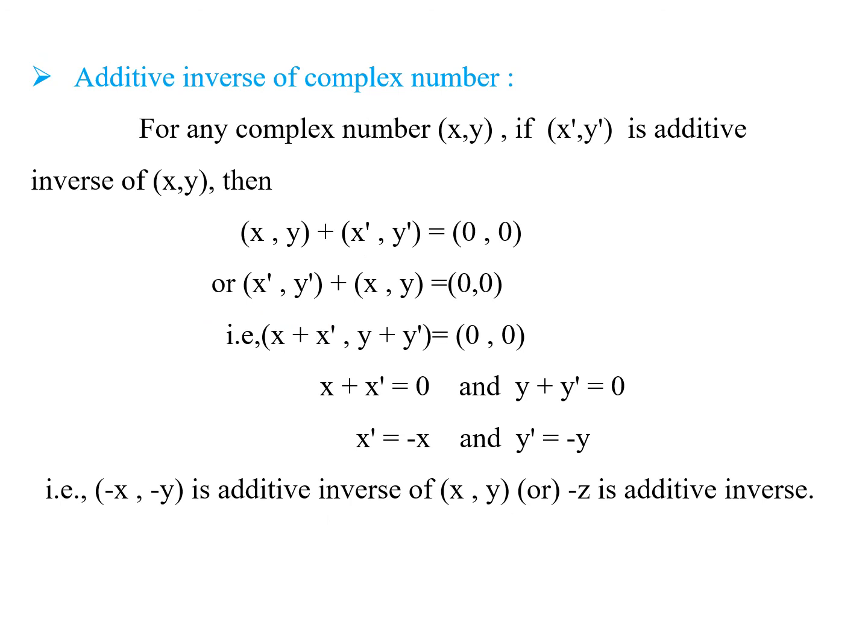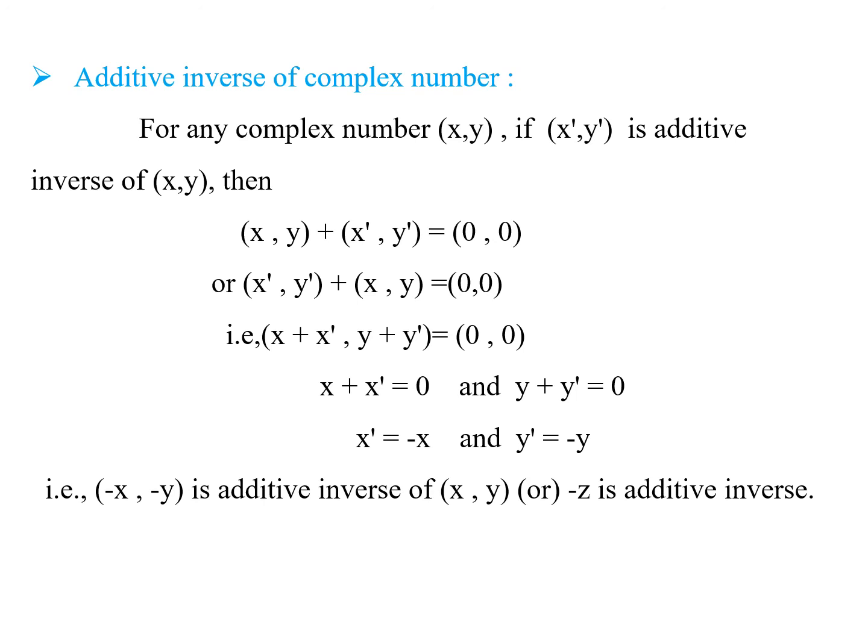Next is the additive inverse of a complex number. What is an inverse? For any number there exists a number, say a dash, and when we add these two, we get the identity. That is the concept of additive inverse.